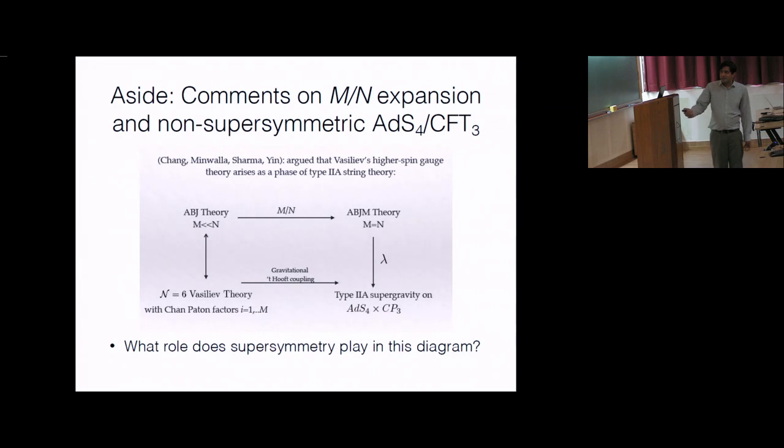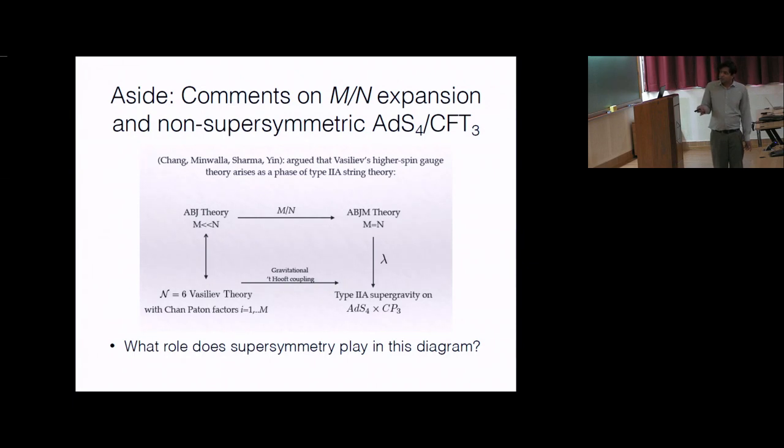So M over N in this picture is a gravitational 't Hooft coupling for the Vasiliev theory. We don't know what happens in between, but somehow, if nothing happens in between, as you increase the 't Hooft coupling, somehow these fields combine. If something happens in between, we don't know.